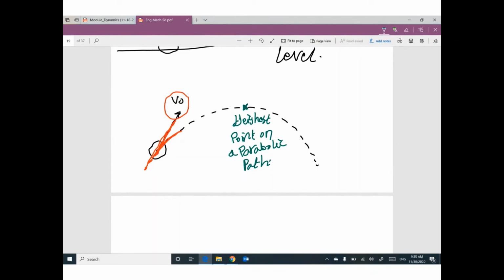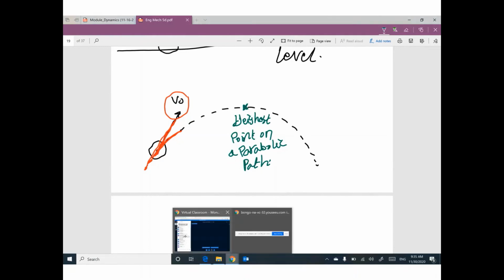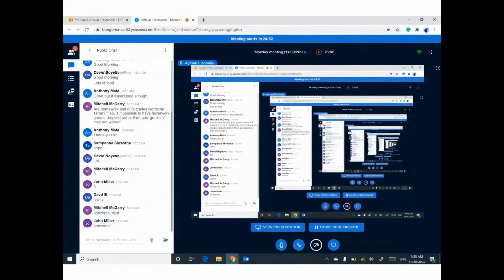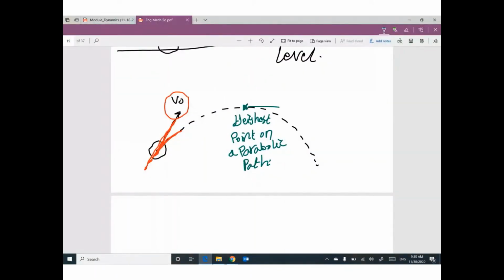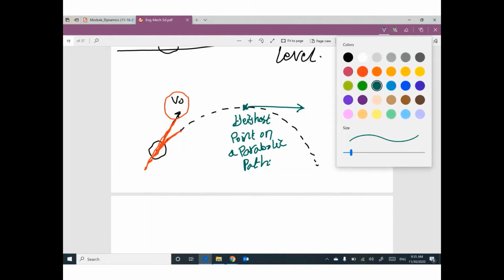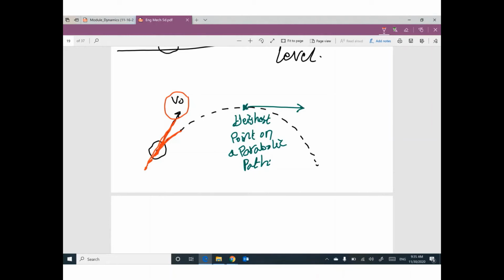If you go back to any mathematics course, what is the direction of the tangent at the highest point on a parabola? Perfect. Horizontal. Do you think there is a way to get a vertical tangent? No way. The highest point will give you a horizontal tangent.